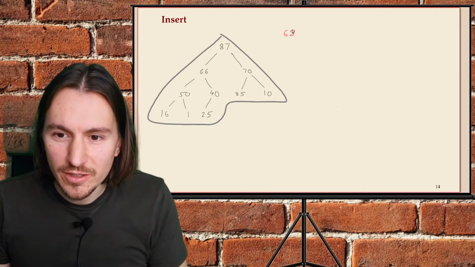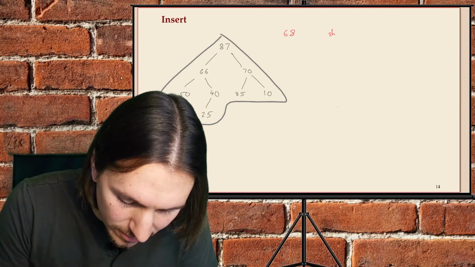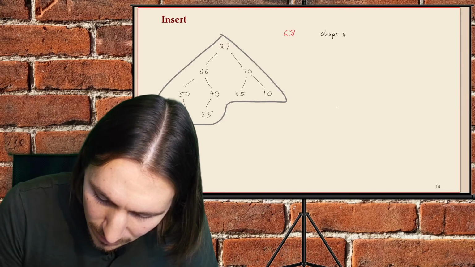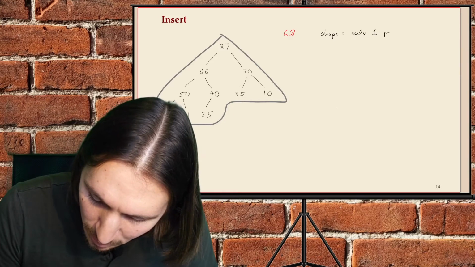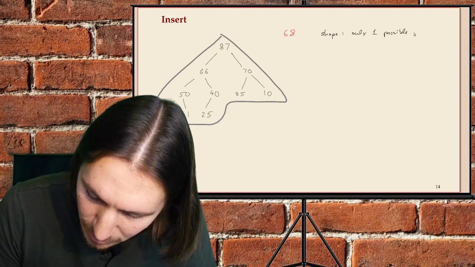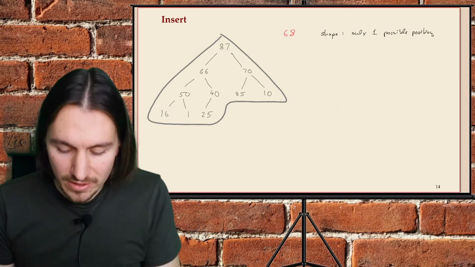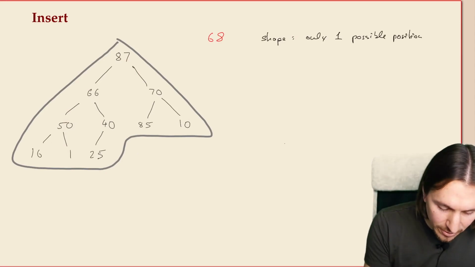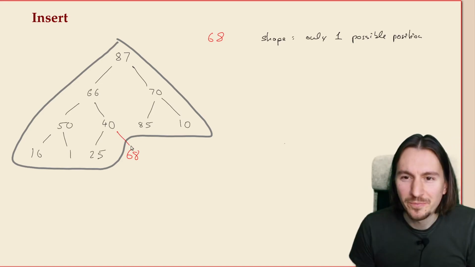Because of the shape, the shape means there's only really one possible position for this new key to go. And that's right here. So we can only really put the 68 here, which means it would connect to this tree like that.